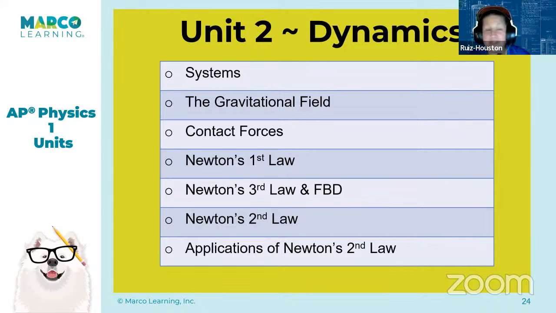Okay. Third law and free body diagrams. Third law was, we typically said in physics classes, like an action-reaction pair. It's two objects interacting with each other. So if I had, let's say, a truck with a trailer, the truck is interacting with the ground, and the ground is interacting with the truck.